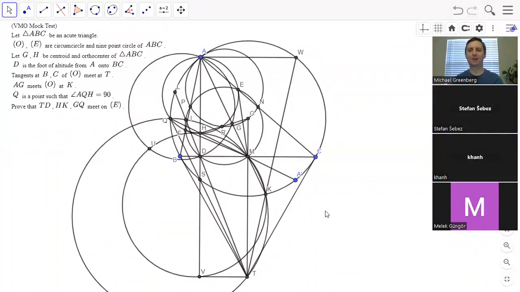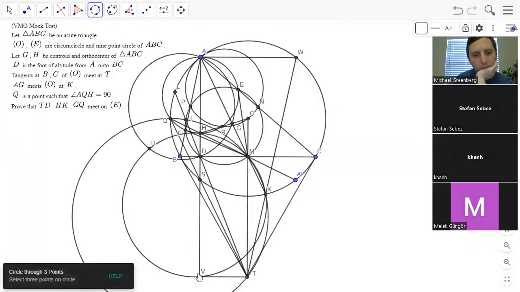You don't like that? I think the definition of I is good. Also, using this QMKT cyclic, now we can show that H, M, K, and V are cyclic. Because angle HMA is QTK, which is STK. And now we just prove that SVTK is cyclic, which is, I believe, very easy, just by 90-degree angles.